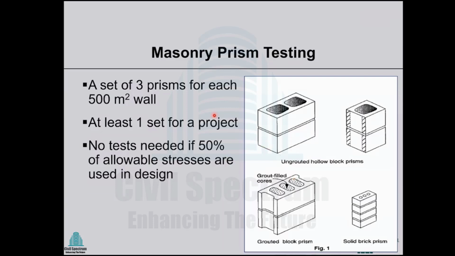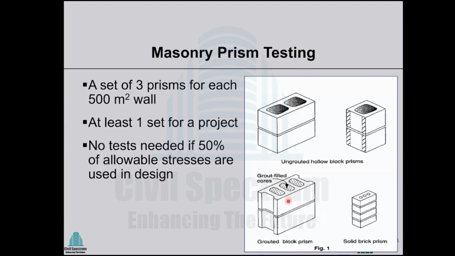To design a masonry structure, we need to know fm, that is the compressive strength of masonry unit. To determine that value, we can make units of masonry like this.